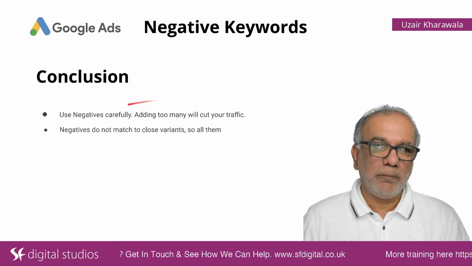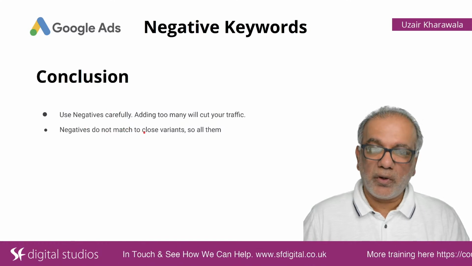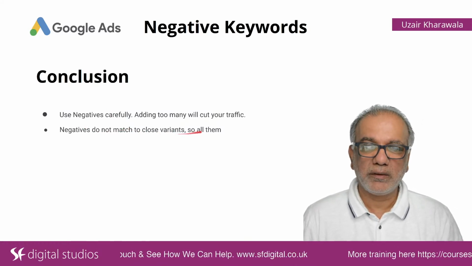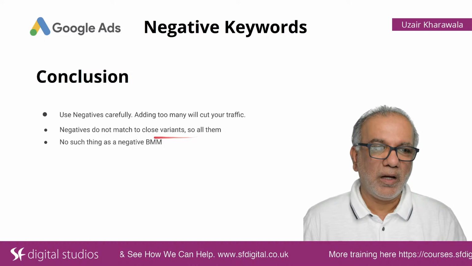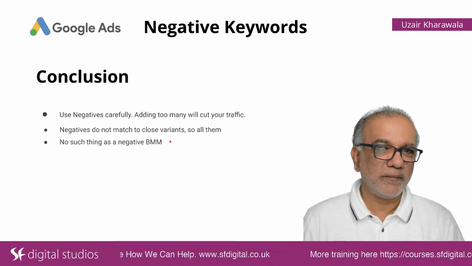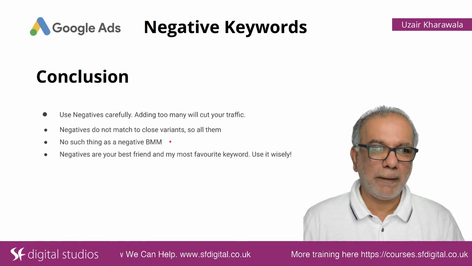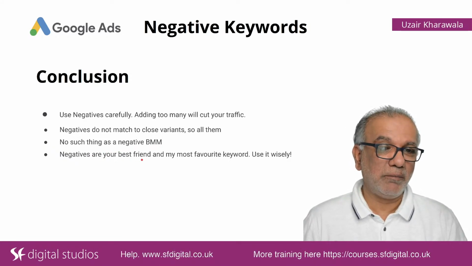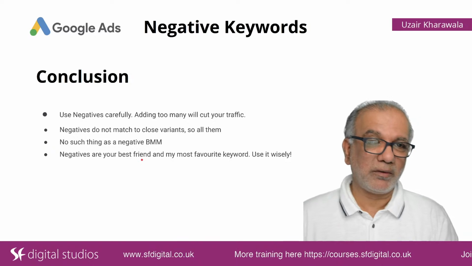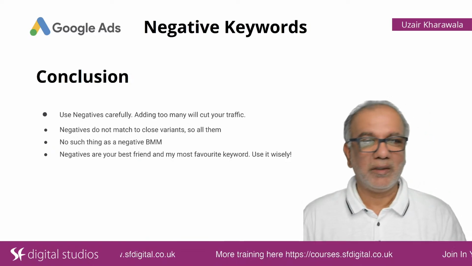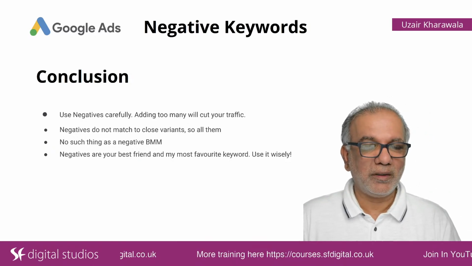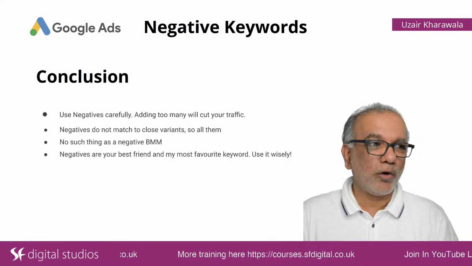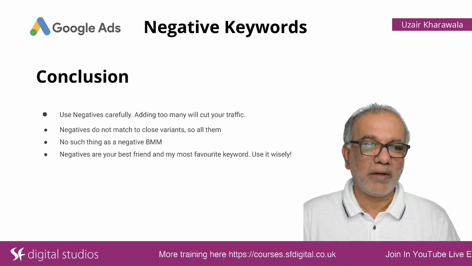So always remember, negative keywords do not match to close variants. So add them all. And there's no such thing as a negative BMM. I consider them my best friend and my most favorite keywords because the campaigns work wonderfully well when they get optimized regularly.